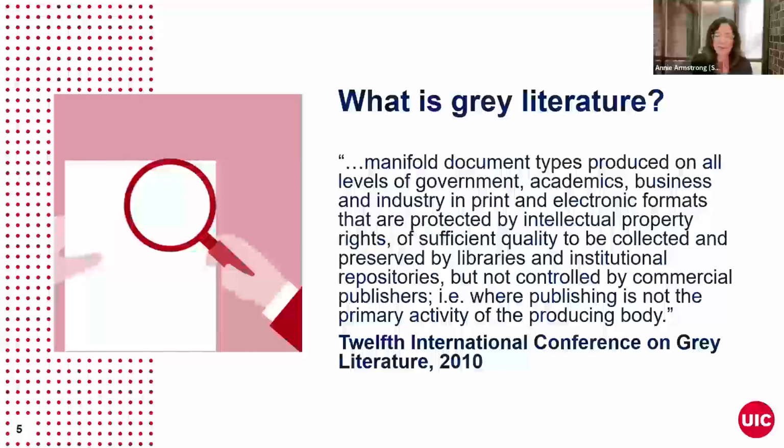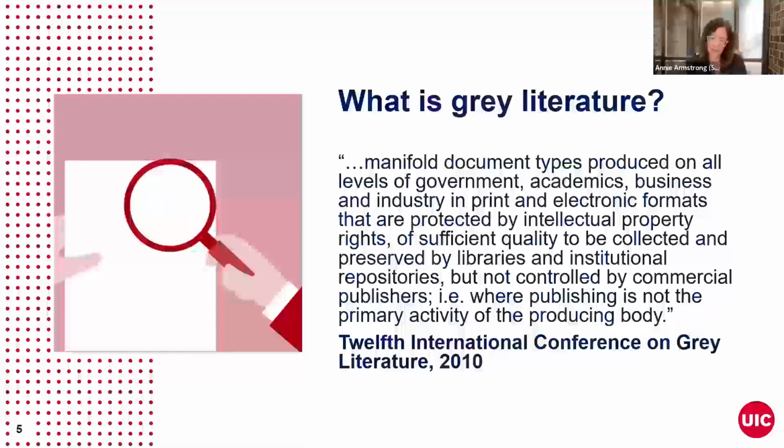Okay, so there are many articles about the gray literature, and we'll share these with you at the end of the webinar, but they all seem to lead back to this same definition. So I'm starting here with a definition of the gray literature, and this is a very broad concept, which encompasses basically manifold document types produced on all levels of government, academics, business, and industry in print and electronic formats, protected by intellectual property rights.